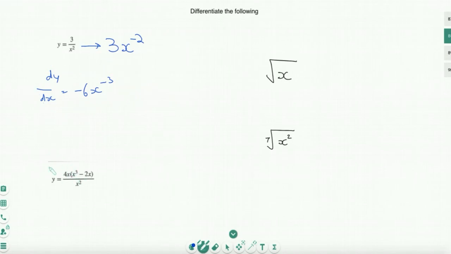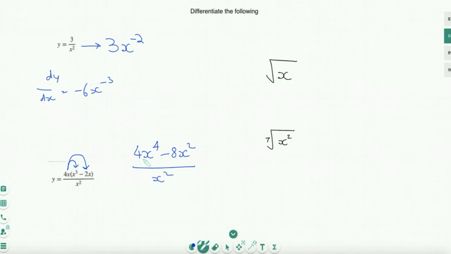Next one. 4x times x cubed minus 2x over x squared. First, you want to get rid of the brackets. So let's expand the brackets. So 4 times x cubed and 4 times 2x. 4x times x cubed is 4x to the power of 4. And 4x times 2x is minus 8x squared, all over x squared.